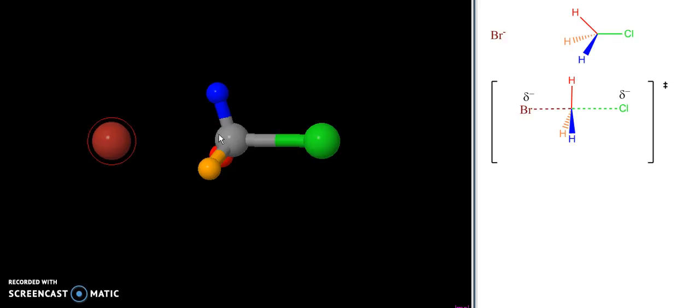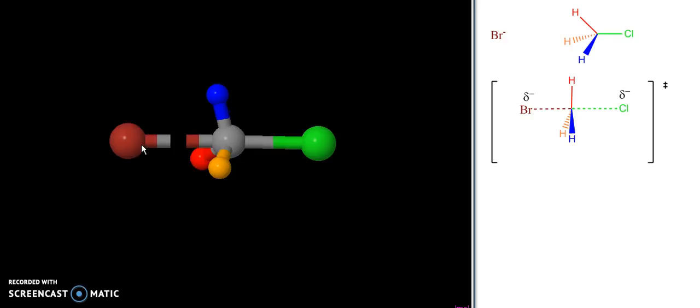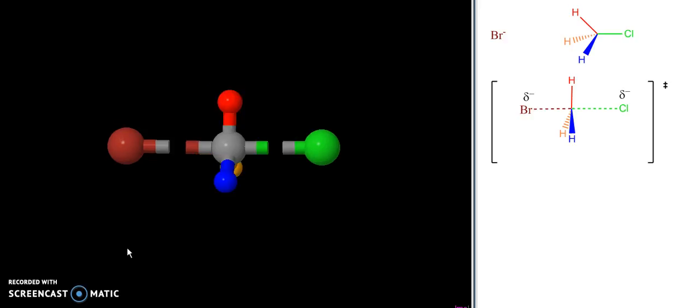And we start to form a bond between the bromine and the carbon. This is my partial bond forming, and we start to lose the bond between the carbon and the chlorine. This is my carbon-chlorine bond breaking, and these groups, they were pointed out towards the bromine, they start to move in this direction, so that I end up with something like this in my transition state.